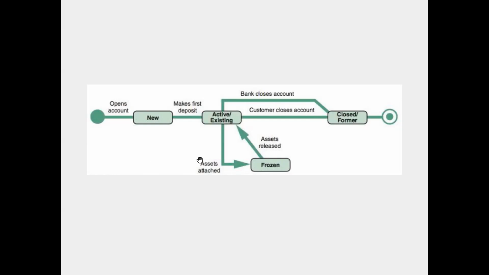So those are the two lines you will see here. Or an active one can be put into frozen, right? That means for some reason the account is frozen, and once that is done, you can release the assets. So this is how the state diagram shows you different states of an object.